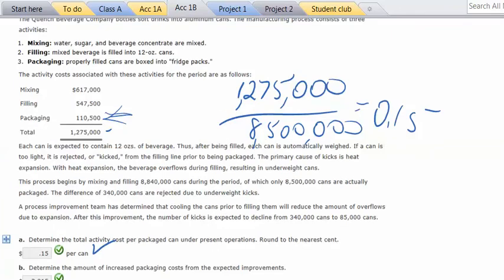To determine the amount of increased packaging costs for the expected improvements, we're going to use the packaging cost of 110,500 and divide that by the number of cans, 8,500,000.